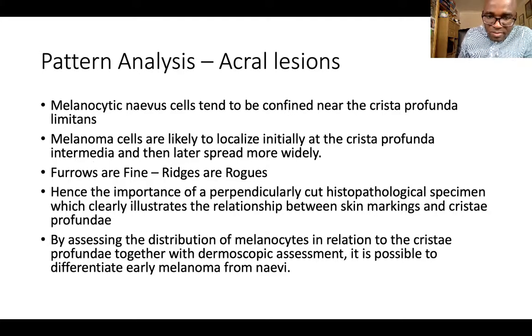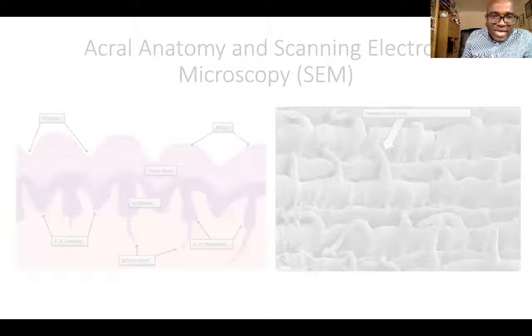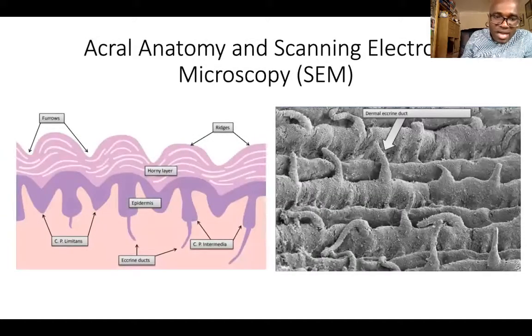So with dermoscopy, by assessing this distribution of the melanocytes in relation to the crista profunda together with the dermoscopic assessment, it is possible to differentiate early melanoma features from a nevus if it's seen in the sole of the feet. So again, this is the diagram of what we're talking about. This is where the limitans is, again, and this is where the profundus is.